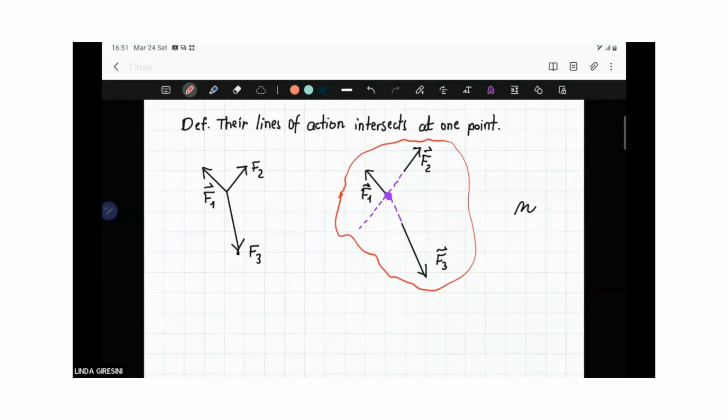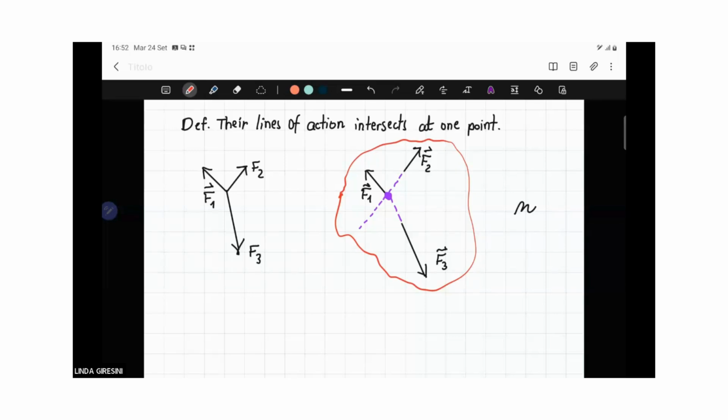What we want to find is the resultant force, the resultant force of these three. There is a method, very nice, very simple, that you can use always.